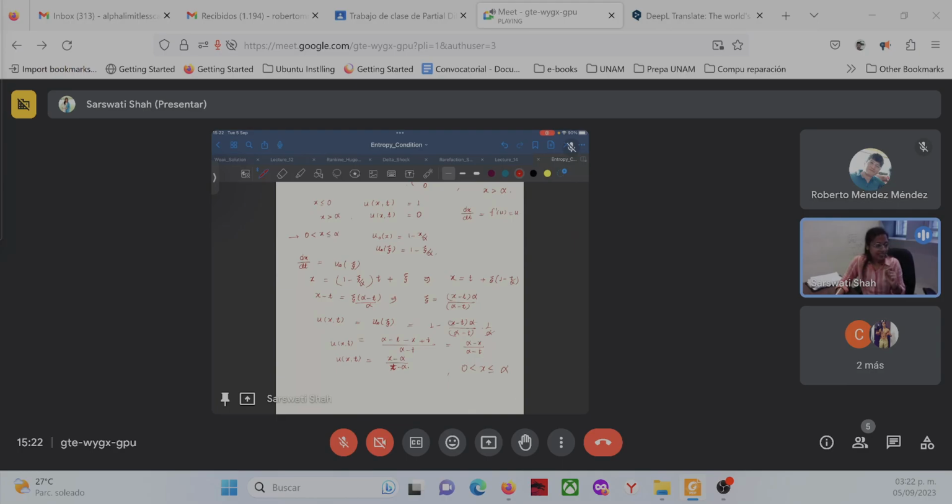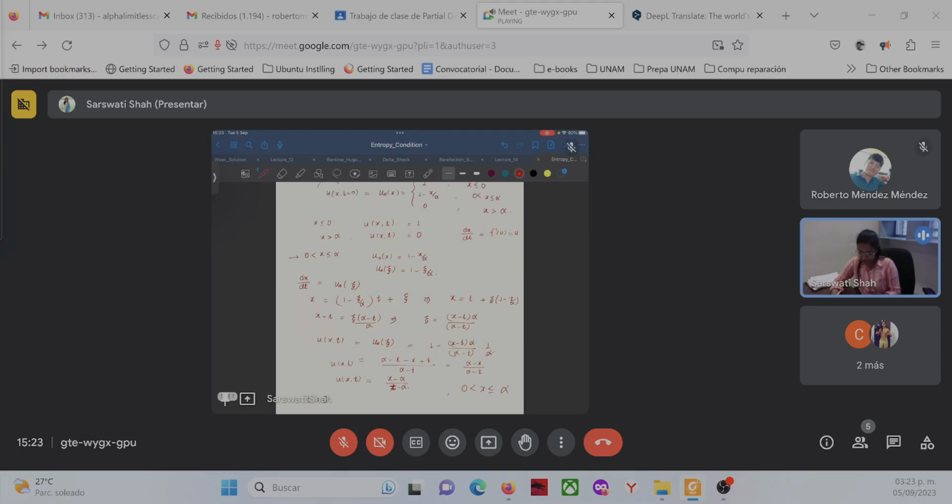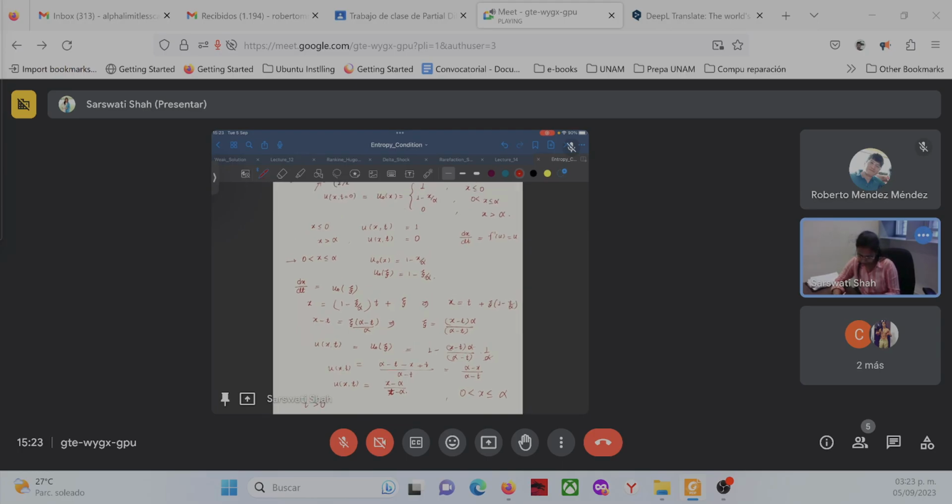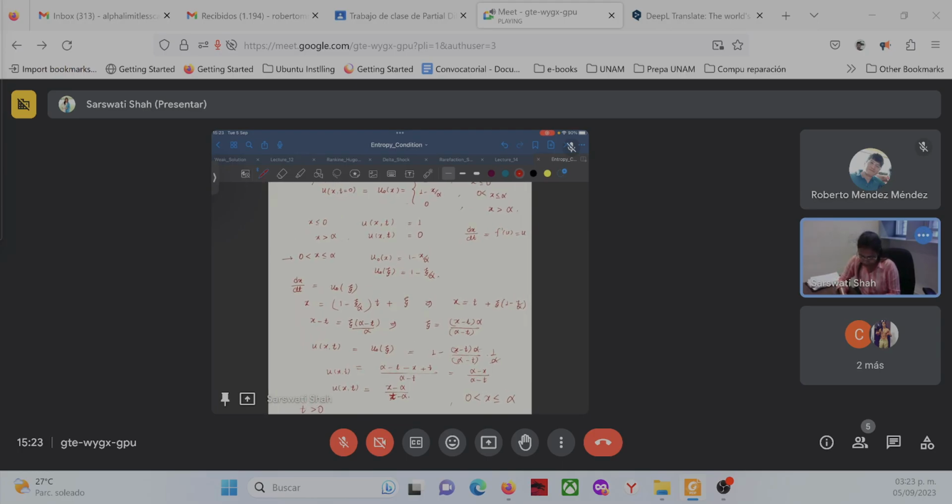Now, what is the condition which I need to impose on t? We know that t is greater than 0, but still we need to impose a condition on t. Now we can see that as x approaches t, this becomes 1.